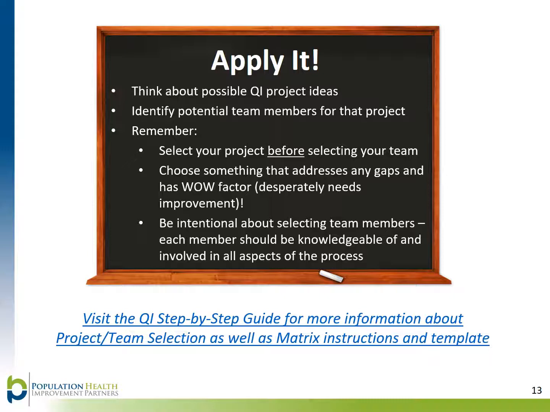Consider the wow factor. Is it an area that desperately needs improvement? Will showing improvements in this area gain buy-in from staff to do future QI projects? What is the resistance level from staff, managers, and leaders? Make sure to choose a project that has low resistance.